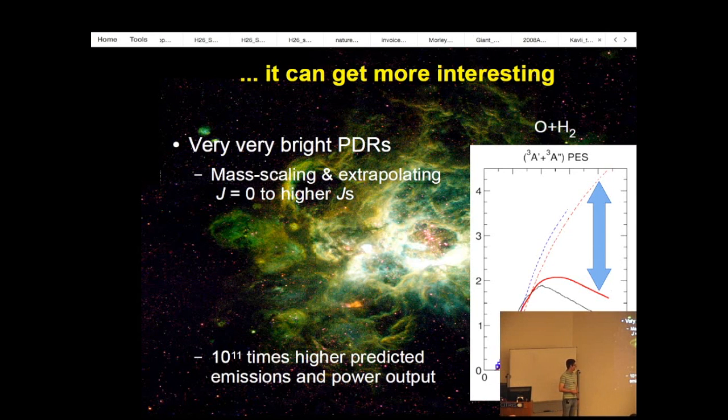And then I talked to some astrophysicists who were interested in PDRs, or photodissociation regions, who used the previous results, which ended up following a power law and increasing very rapidly, resulting in an overestimate of the power output of one of these PDRs by 11 orders of magnitude, which is not good. So things like this can hardly happen in atmospheric modeling, but they could happen at a smaller scale. 1 or 2 orders of magnitude could happen easily.